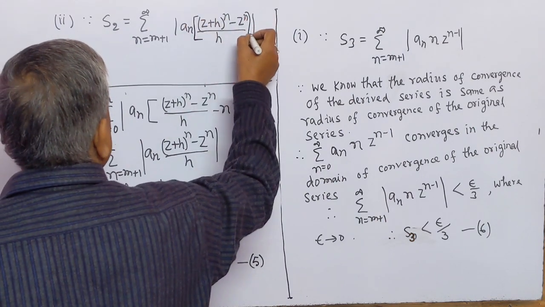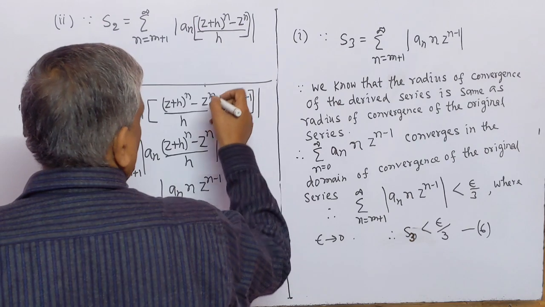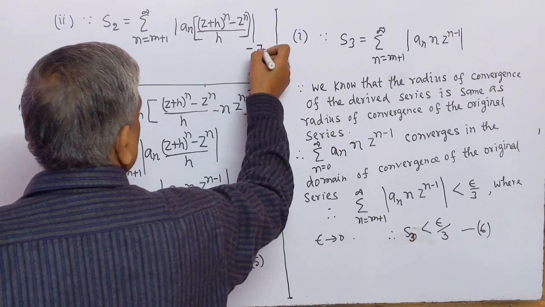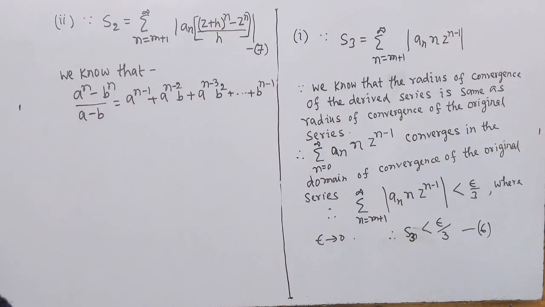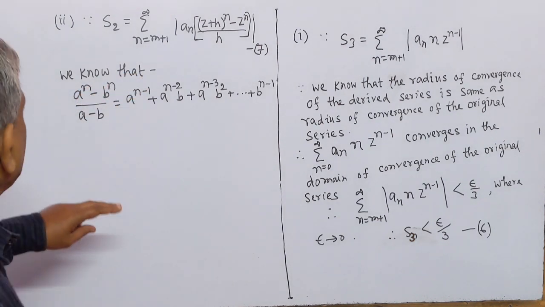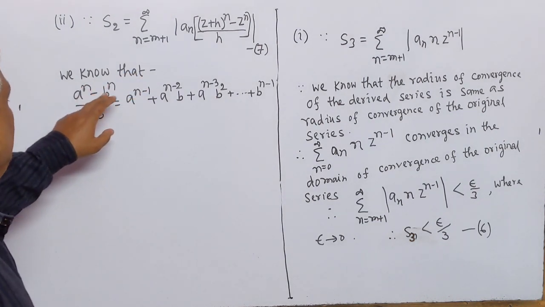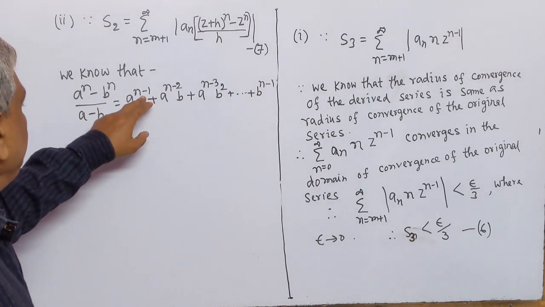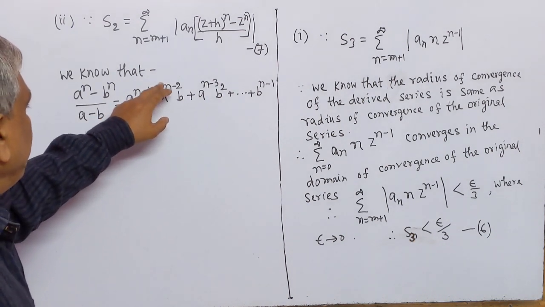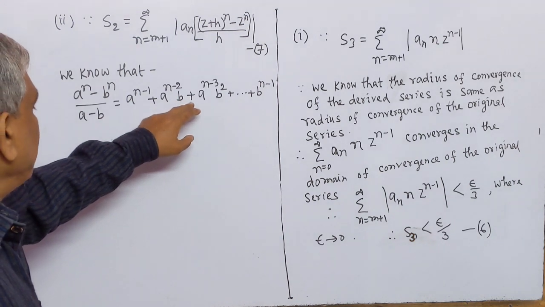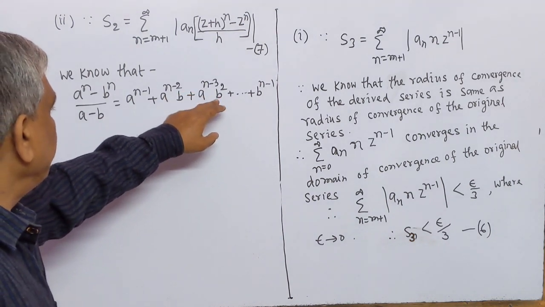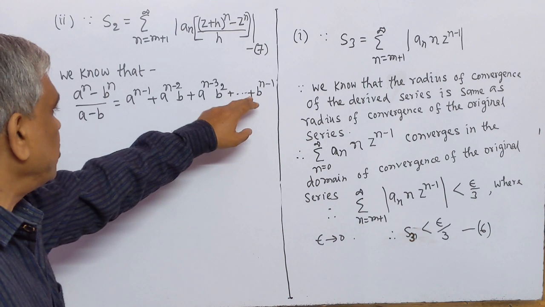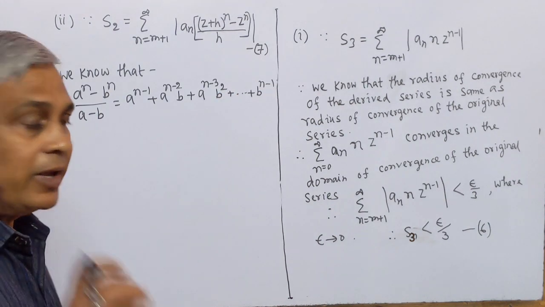Here we take bracket. This is number 7. We know that (a to the power n minus b to the power n) by (a minus b) is equal to a to the power n minus 1 plus a to the power n minus 2 multiplied by b plus a to the power n minus 3 multiplied by b square plus dot dot dot plus b to the power n minus 1.